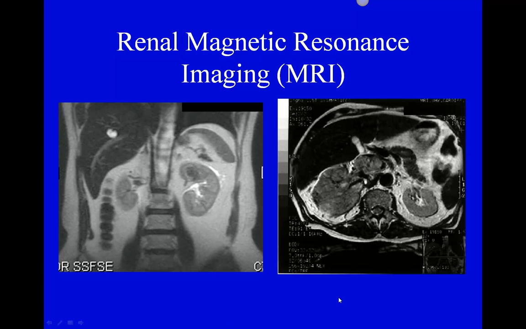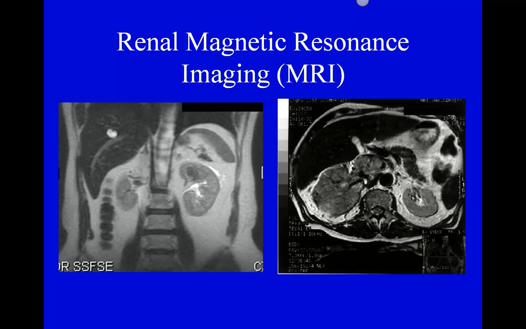Now we're moving to a different procedure called MRI, magnetic resonance imaging. With MRI, we're using a large magnet to take pictures of your body. And we're going to talk about MRI throughout the semester.